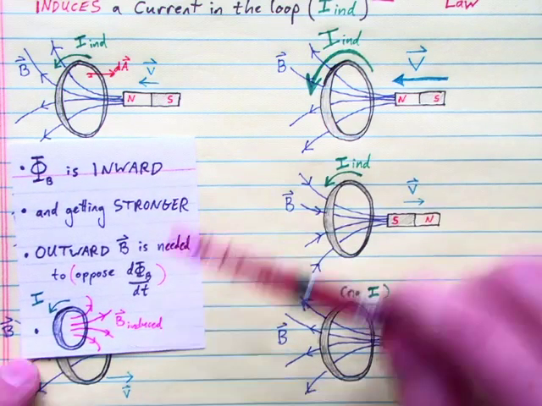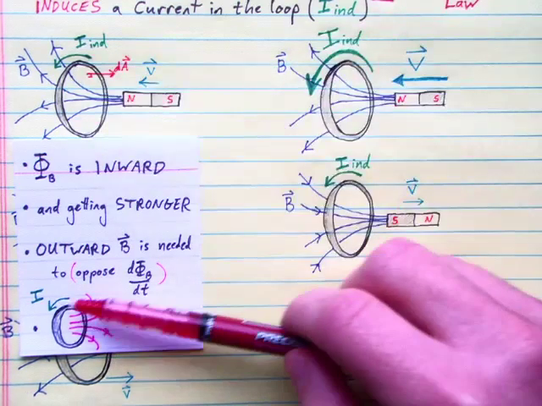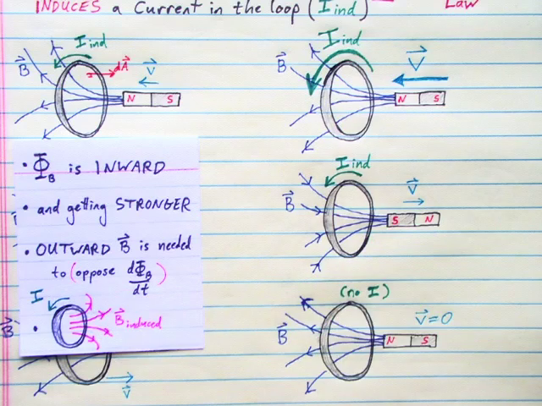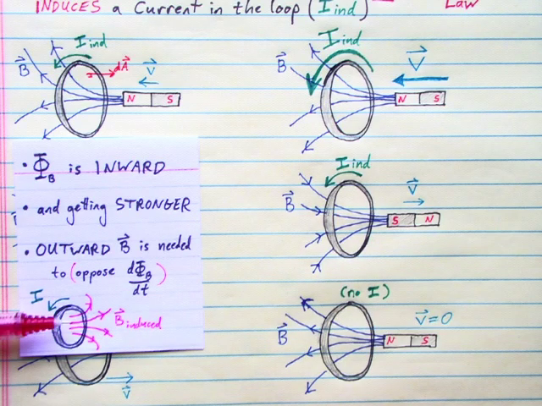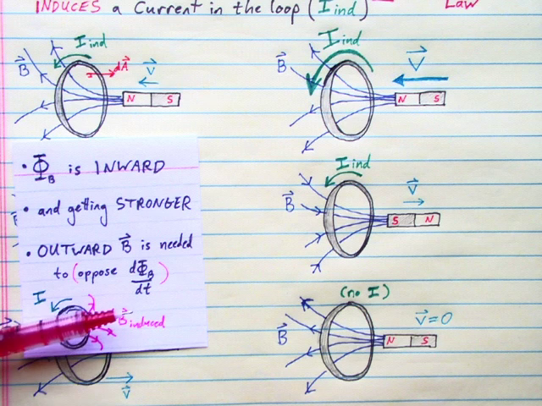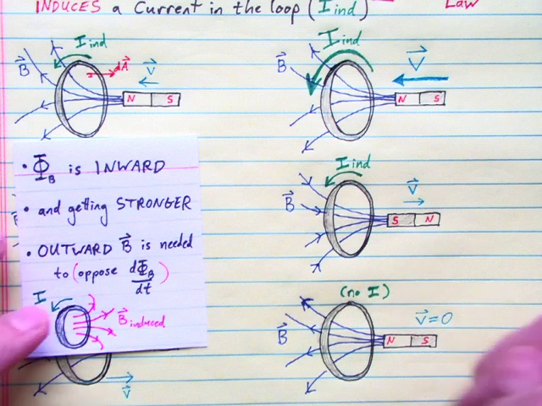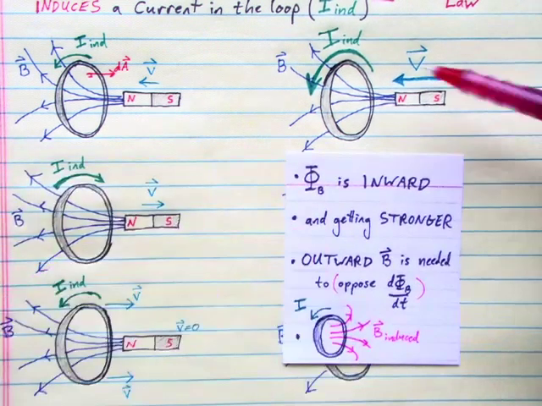And that happens by causing a current to run in this direction around that loop, generating a secondary induced magnetic field pointing in that direction. So our induced B will point outwards, maintaining the original flux. We would see the same thing in this example here.